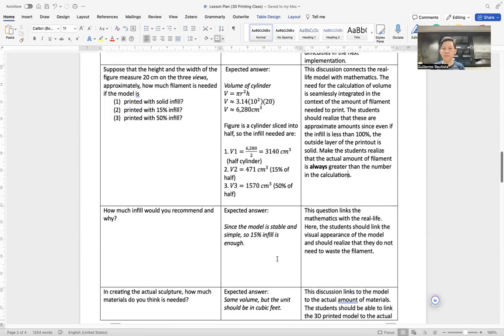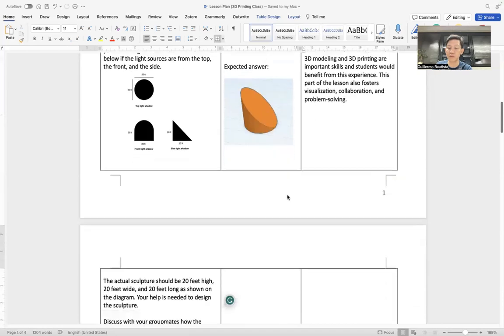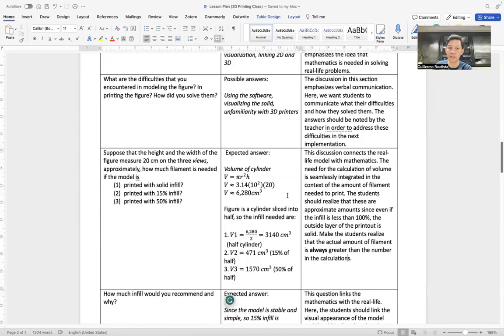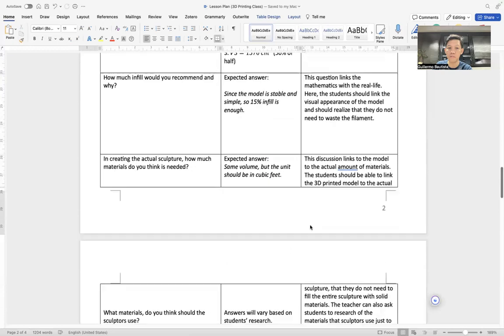This is not really a very important question, but I think it has something to do with saving filament. If you don't need a solid infill, then you don't have to put a solid infill, because in this figure, for example, it's a very stable figure. So you don't really need a high percentage of infill. Maybe 15% is enough.